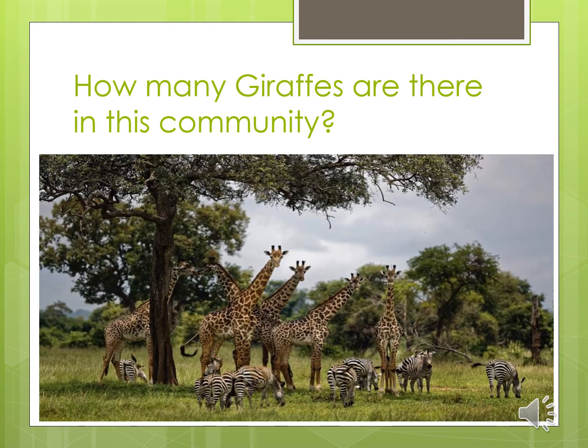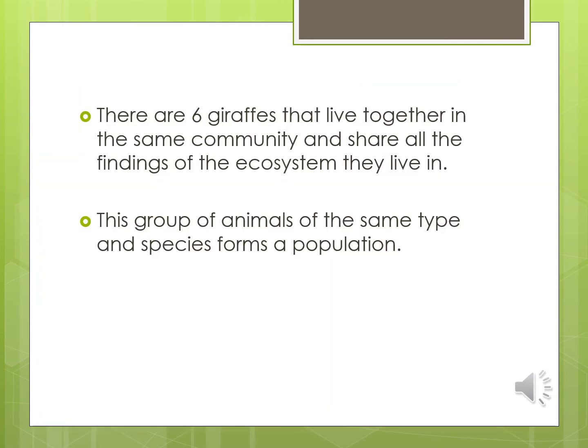Now I want you to count with me how many giraffes are there in this community. We have 1, 2, 3, 4, 5, and 6. Then there are 6 giraffes that live together in the same community and share all the findings of the ecosystem they live in.